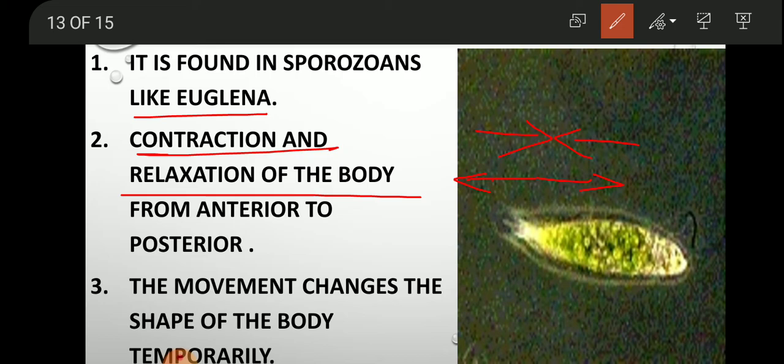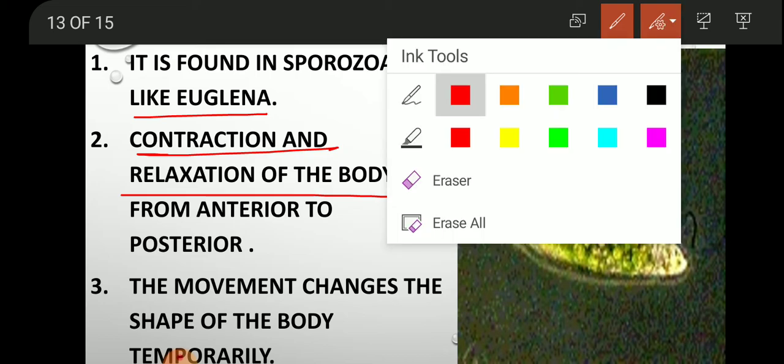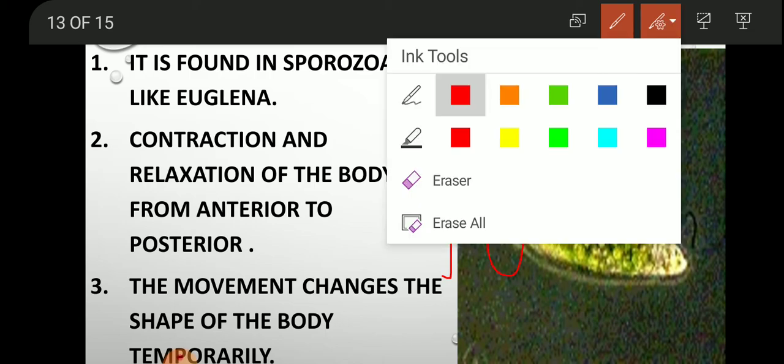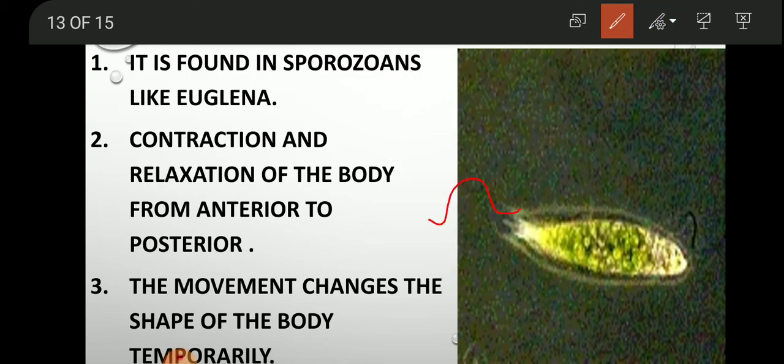The body first completely contracts. Assume this is a body and this surface gets contracted like a worm, like how the worm moves. If this moves like this, then only the worm moves forward. It is wriggling type of locomotion.